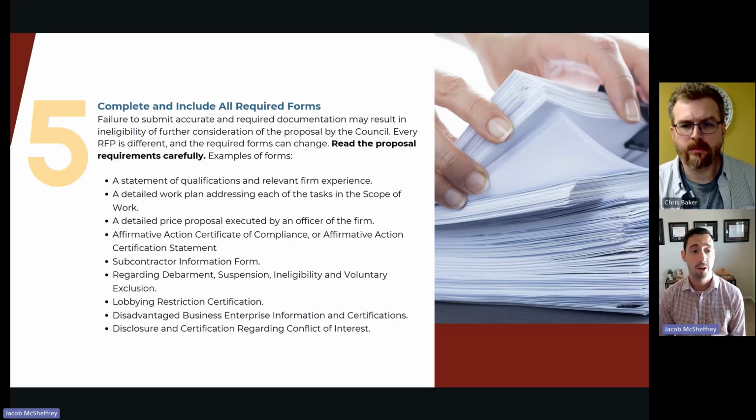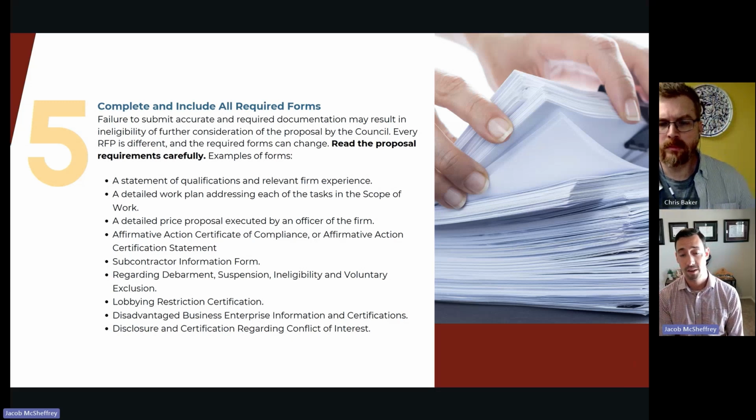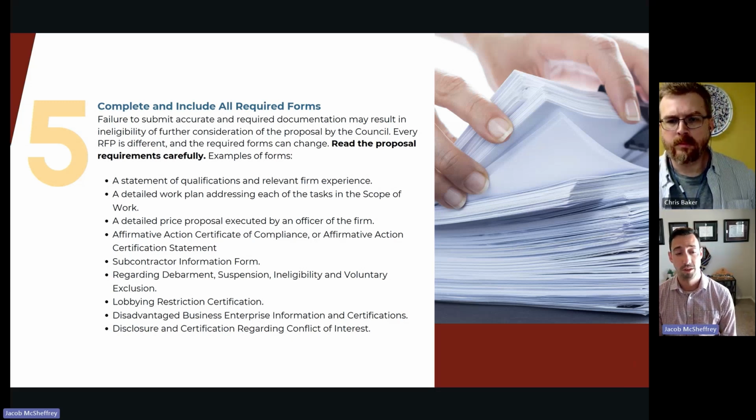If you're planning on subcontracting work out, you usually need to identify those subs in your proposal, not something that would happen after the fact, especially if you're reaching out to other DBEs and trying to meet a goal on a project. Anything regarding debarment, suspension, ineligibility, and voluntary exclusion, lobbying restriction certification, disadvantaged business enterprise DBE information and certifications, and disclosure and certification regarding conflicts of interest.